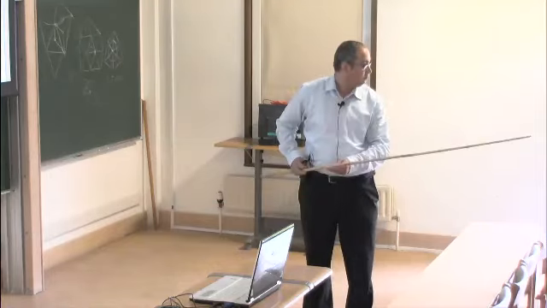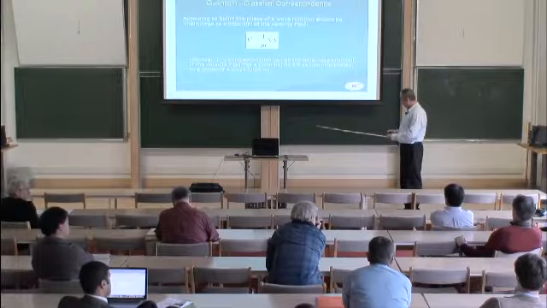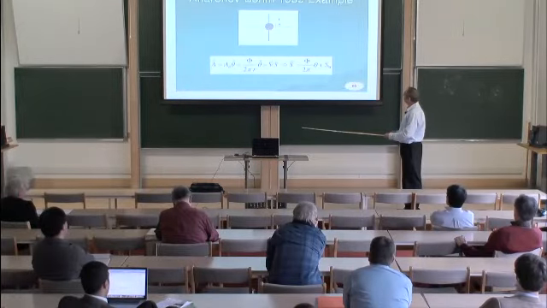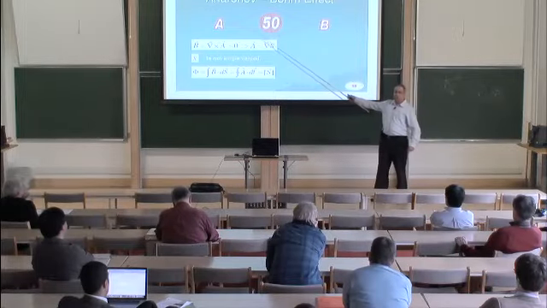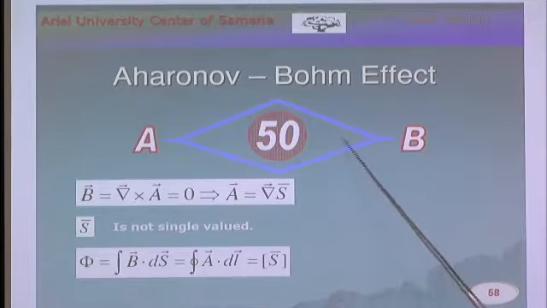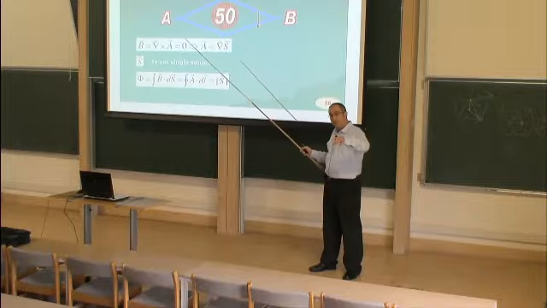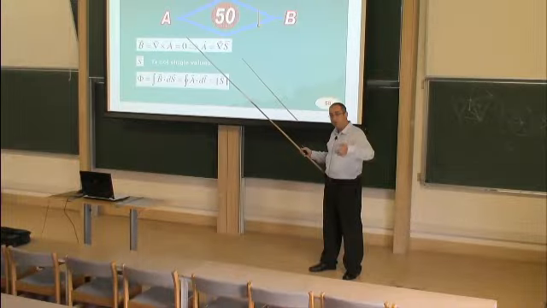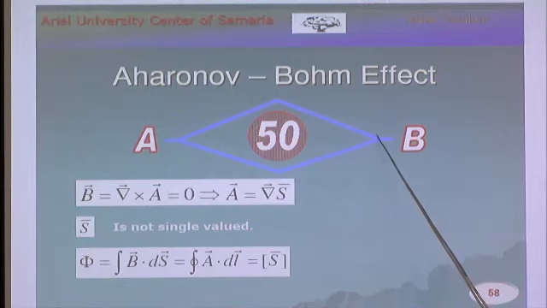Asher, tell us, what is the effect? Okay, maybe I was not clear enough. You have a source of electrons starting here at point A, and you let the electrons go to the other side. They can go either above or below, okay? Now, they don't go into the region of the magnetic field, so they don't feel classically the magnetic field. Nevertheless, you get an interference pattern.